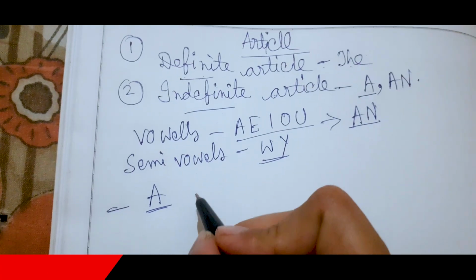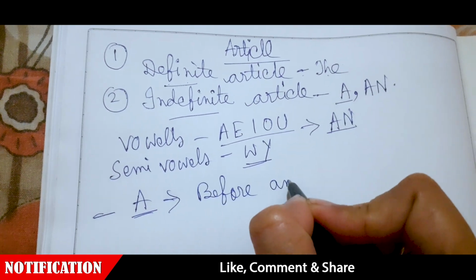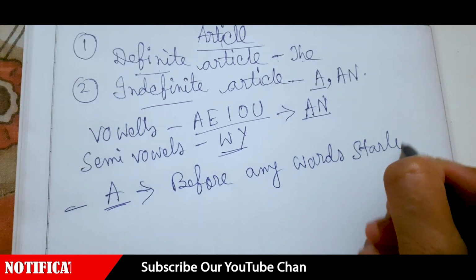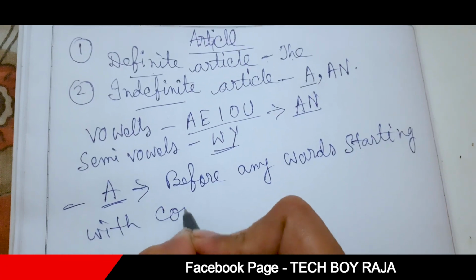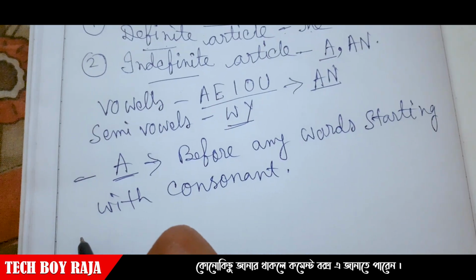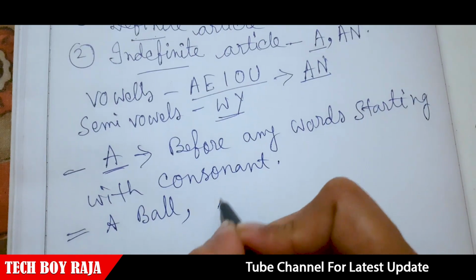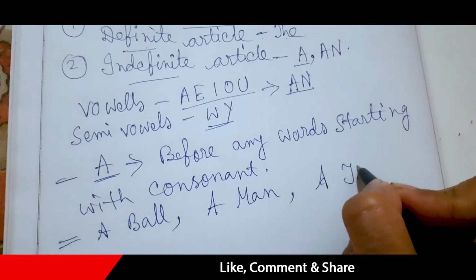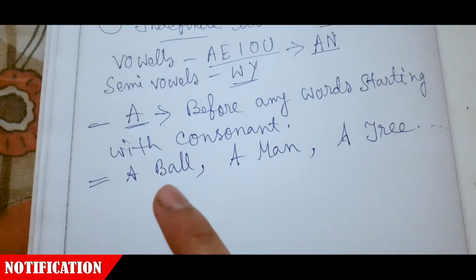A is used before any word starting with a consonant. Some of the examples are like a ball, a man, a tree, like this. Many more examples are there. So these are for consonants.